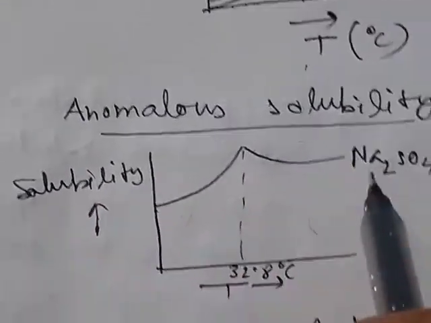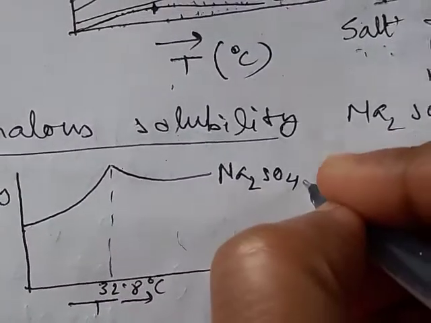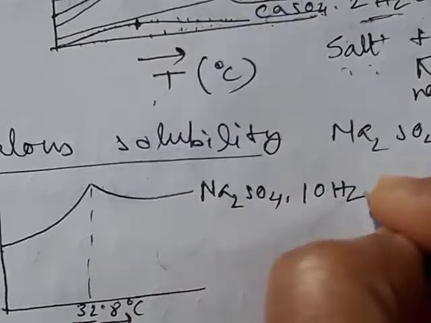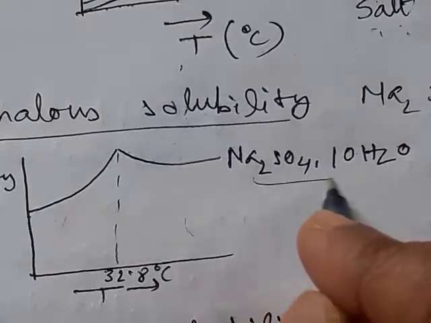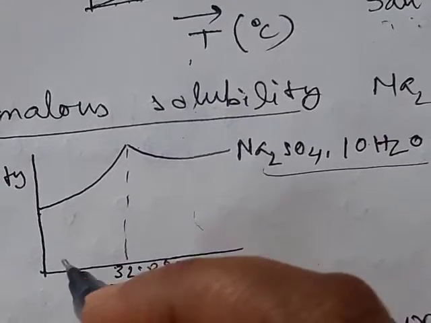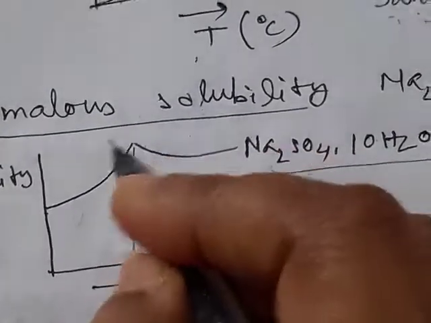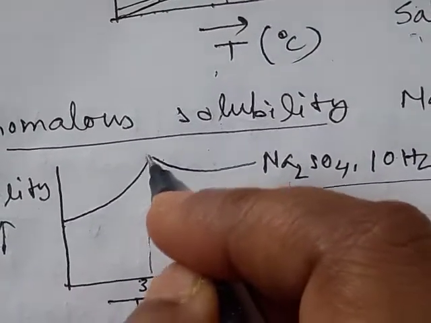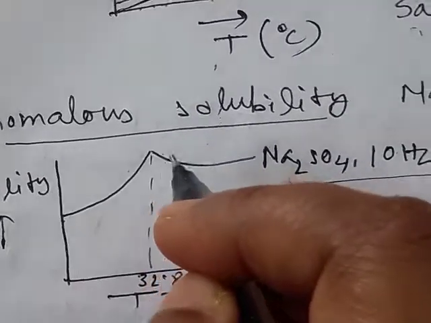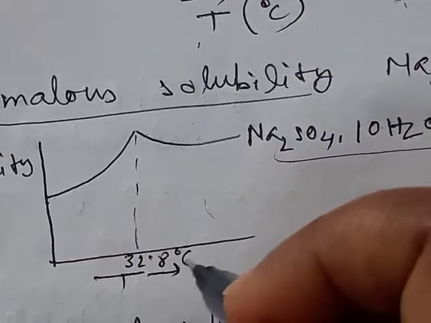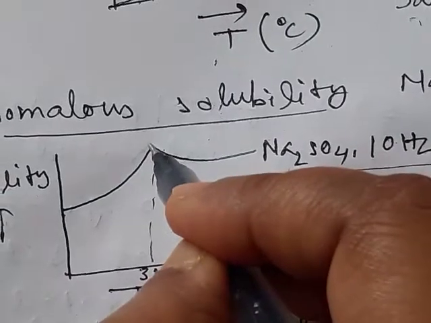Now, anomalous solubility for sodium sulfate decahydrate, Na2SO4·10H2O. We get anomalous behavior. This is the Glauber salt, and for this salt, if we increase temperature, there will be an increment in solubility like other salts, up to 32.8 degrees, where there is maximum solubility.